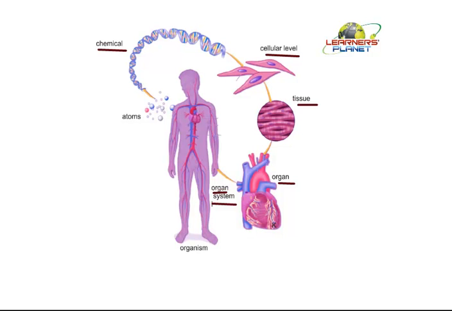They are interdependent. That means if respiration is inhibited due to several reasons, then circulation would be affected, because it obtains oxygen from the respiratory system and supplies it to the other body parts.